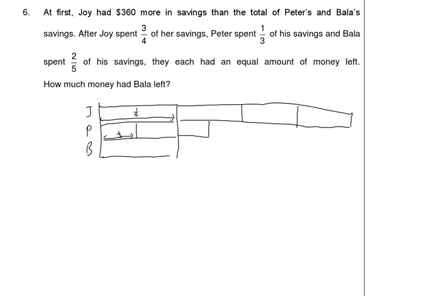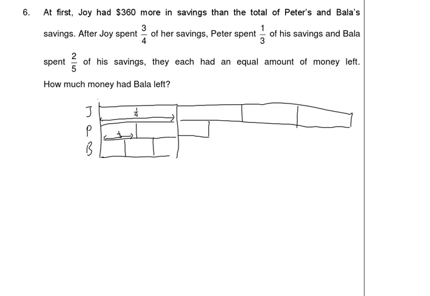Now, Bala spent 2/5 of his savings. What fraction is he left with, Jack? Three-fifths, right? So this part must be 3/5. So I have 1 here, 2 here, 3 here. The lowest common multiple of 1, 2, and 3, what is it? 6, correct?